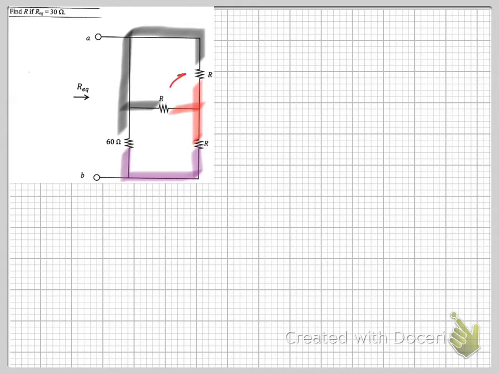So you can see that these two are in parallel, and your result of those two being equal means that you've got a 1 over 2R there, because of R being parallel with R.